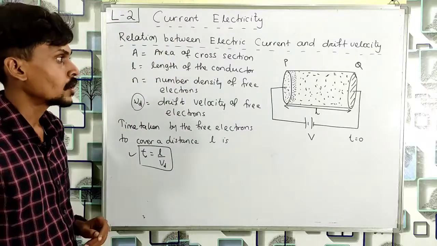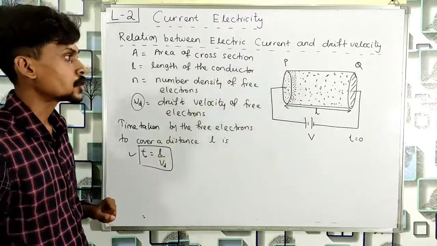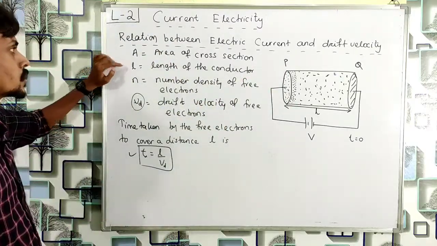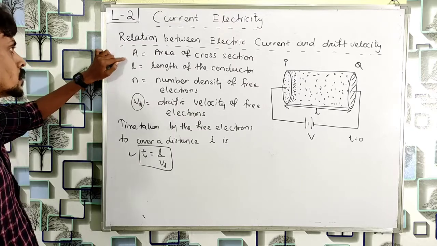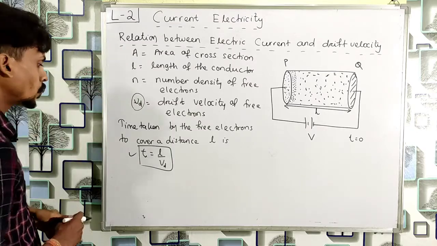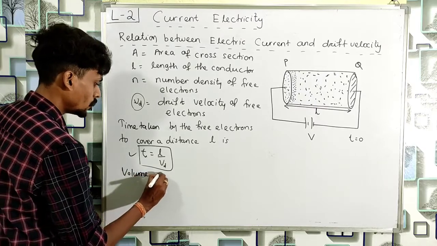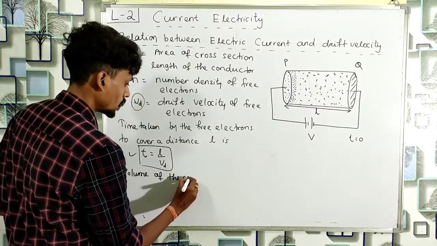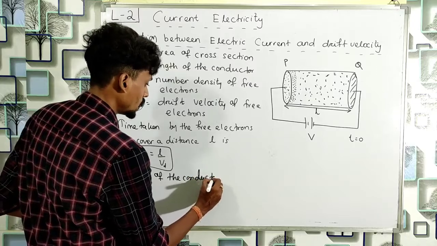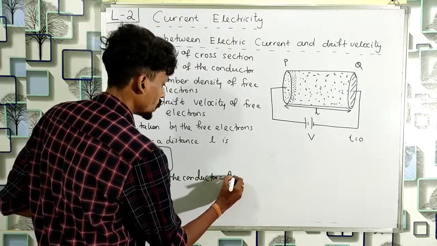So this cylinder has volume A into L, because A is the area of cross section and L is the length. So the volume of the conductor is A into L.